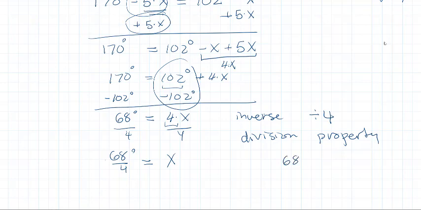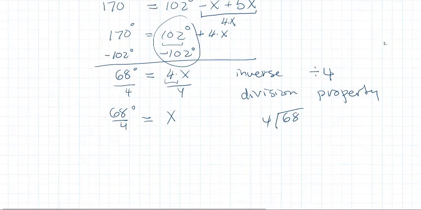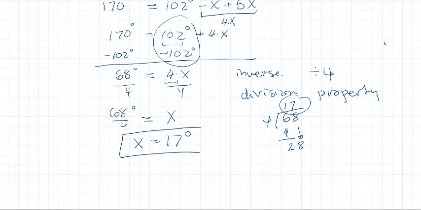Let's do this division problem here on the side. We have 4 goes into 6 once. We get a 4 here. 2, we bring down our 8. 28 divided by 4 is 7. And so our final result is that x equals 17 degrees.